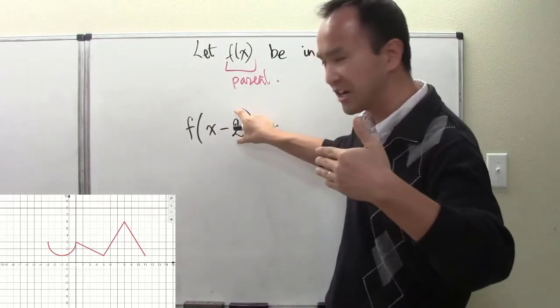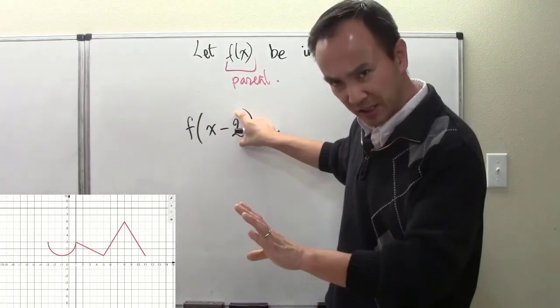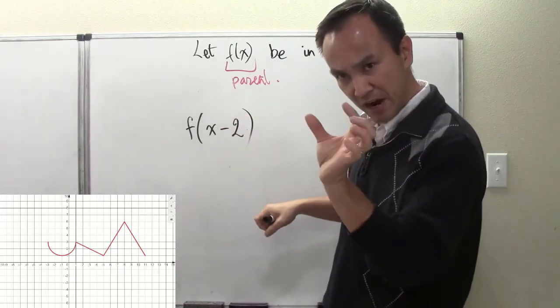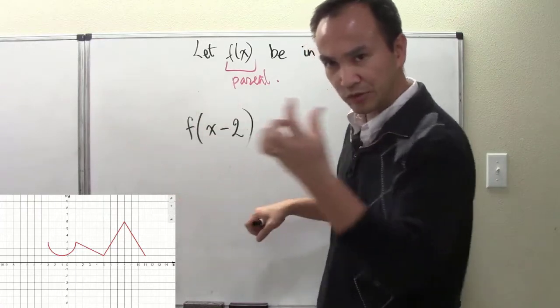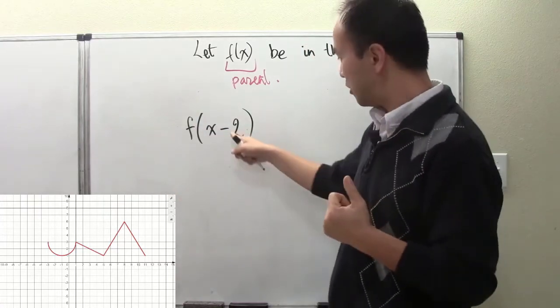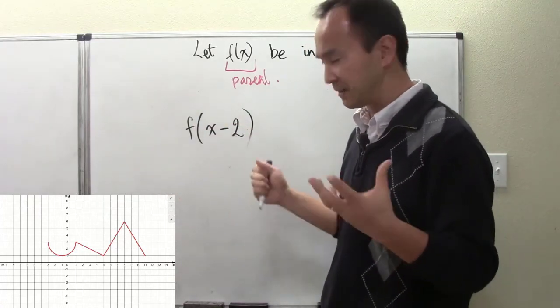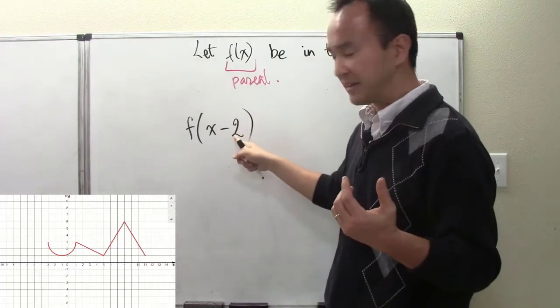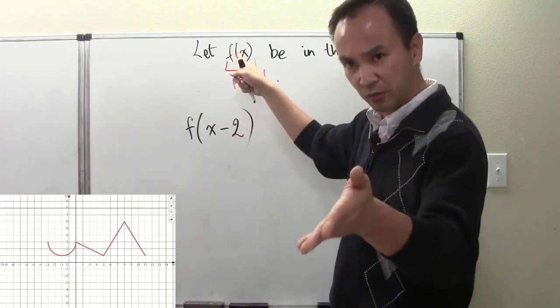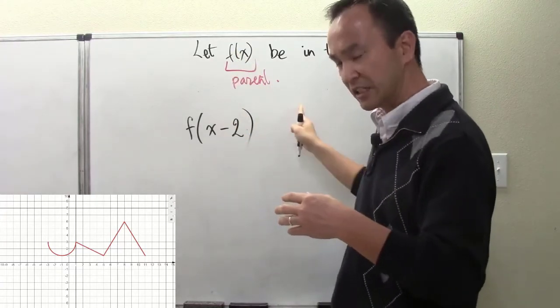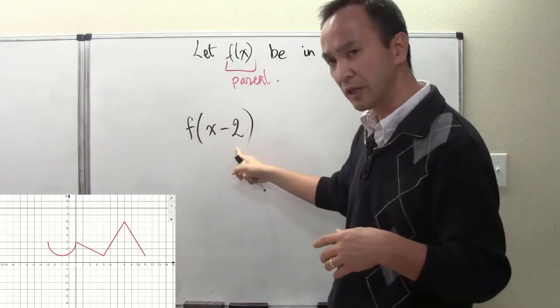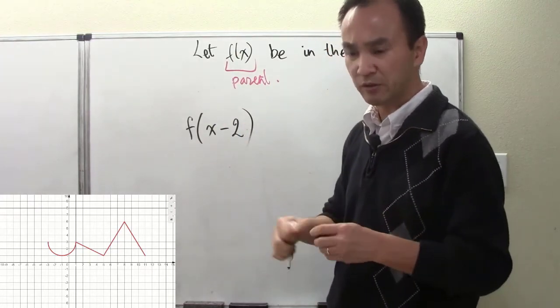Okay, and then whatever number here comes after the subtraction will be the amount being shifted either to the left or to the right. So an expression like this is indicating we're going to shift this particular function with the graph here to the right hand side by how far? 2 units. Okay, so let's double check with the result here.